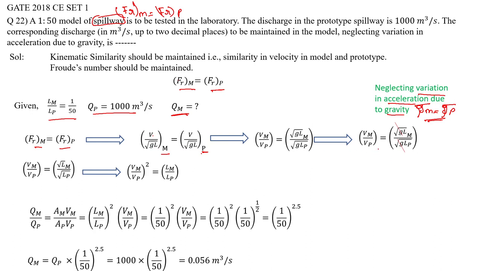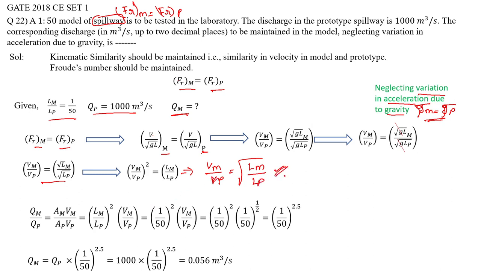In this way we shuffle the terms, and g can be cancelled out. So this will be the final equation. Either we can write Vm by Vp equal to square root of Lm by Lp, or Vm by Vp whole square equal to Lm by Lp. Both equations are the same. So we write Vm by Vp equal to square root of Lm by Lp. This is a necessary condition to be maintained in the model.